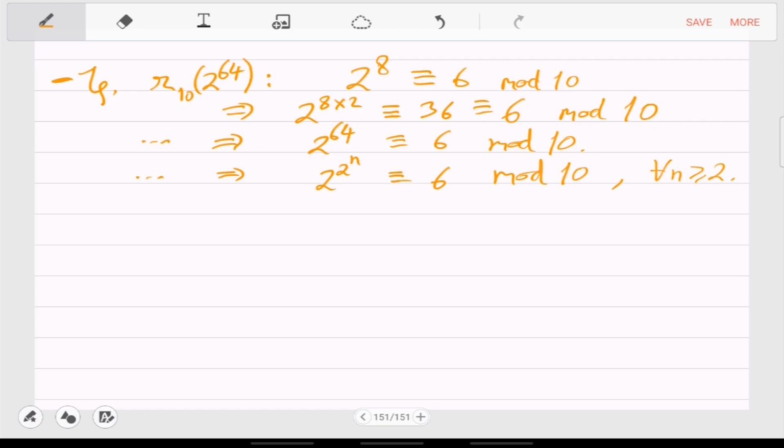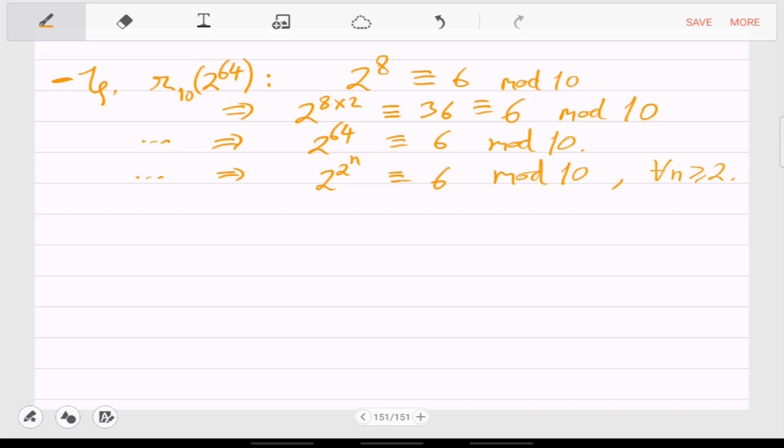After n greater than 1, in all cases 2 raised to n is 6. Right? So in particular 2 raised to 100, which is impossible to store, that last digit also you have calculated. So the things become highly systematic by using this mod arithmetic or modular arithmetic, mod 10.